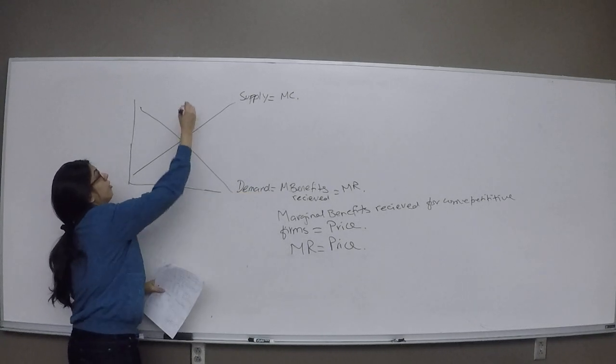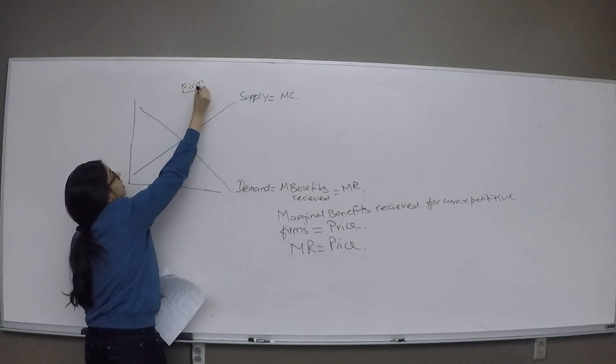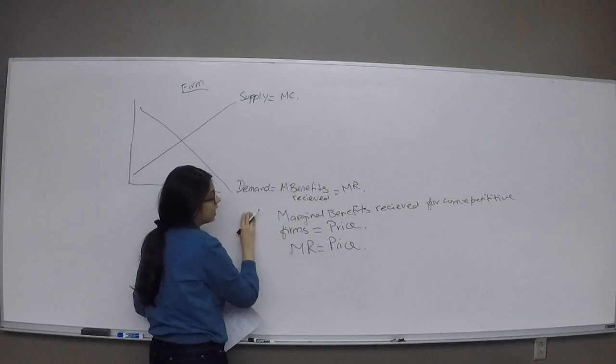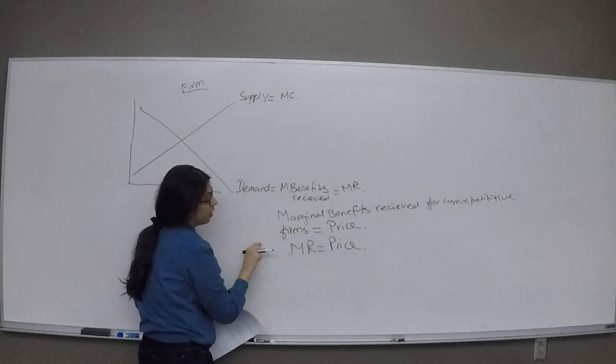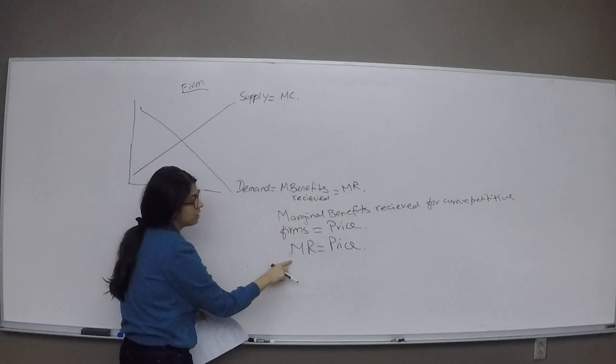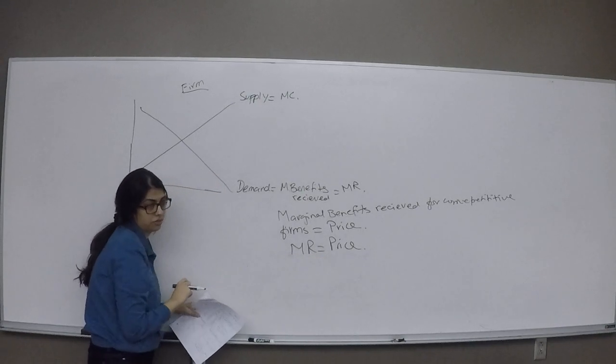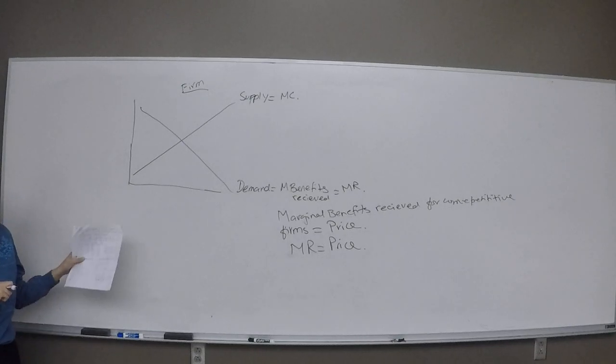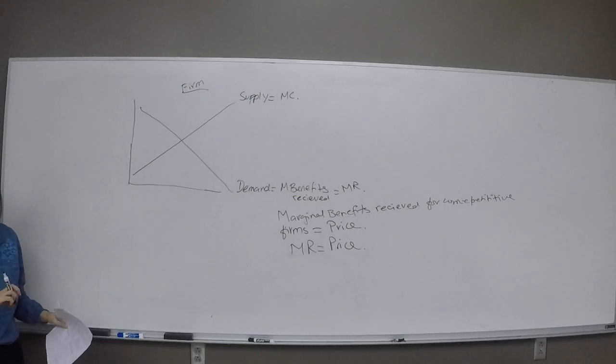If we're talking about a competitive firm, the benefits they're receiving is the price they're receiving, and for a competitive firm, the price is equal to marginal revenue, which is why demand is equal to marginal revenue.